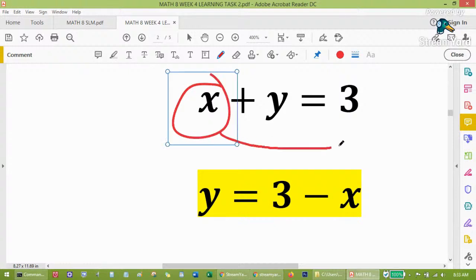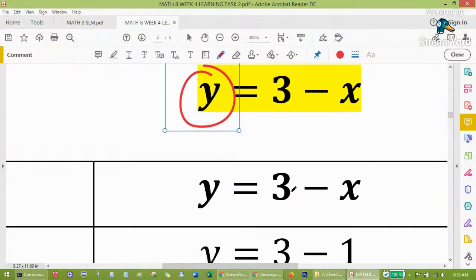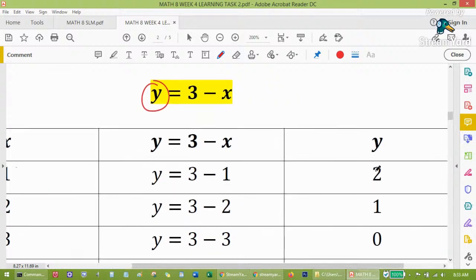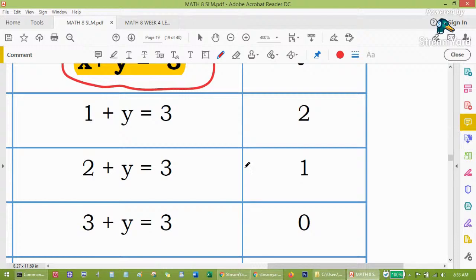Itong x na to, nilipat natin sa kabila, naging negative x, para y na lang ang matitira. So, kapag y na lang ang matitira, we can now compute for the value of y. Paano natin malalaman ang value ng y? Papalitan lang natin tong x ng binibigay sa ating x, na given na x. And that's how we come up with the values of y. So, ganun kino-compute ang mga value of y. Okay?